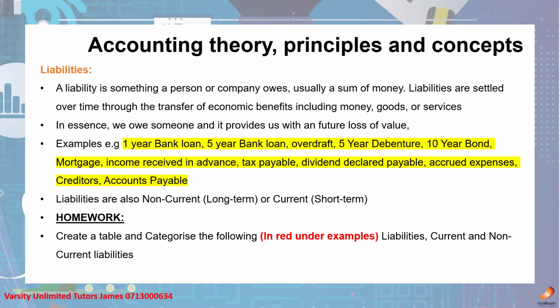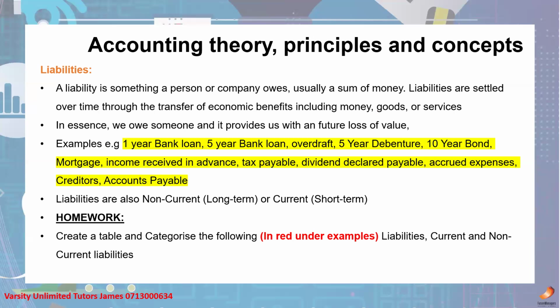Right, not current. If you're going to pay it right now, it's an expense. It's not a liability. But you are going to pay for it in the future. So I have taken 50,000 Rand from the bank. I'm going to pay it in 2 years' time. That becomes a liability. I went to my supplier and I said, guys, can you give me some products? I want to go and sell them, but I don't have money right now. I'll pay you in 4 months' time.